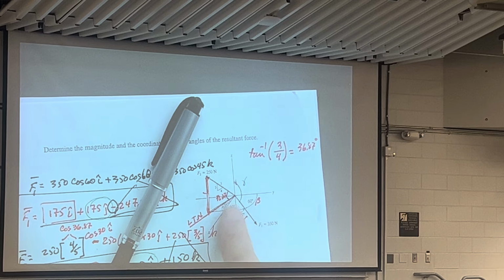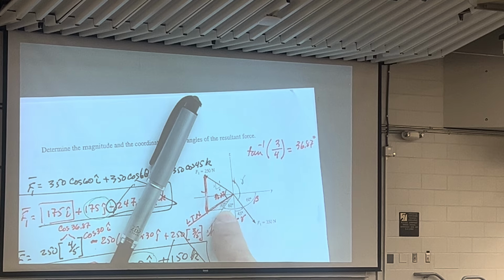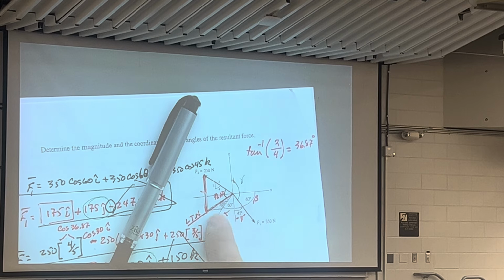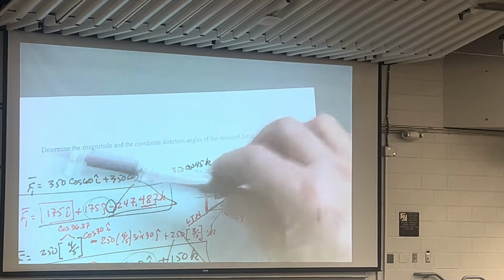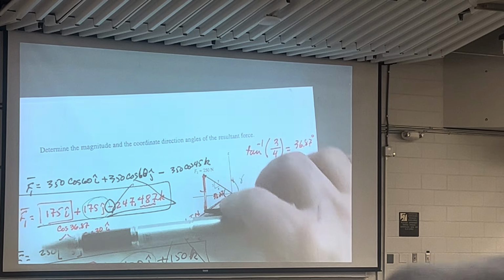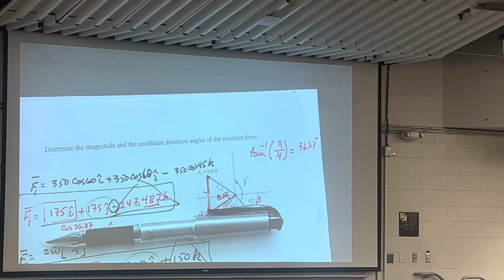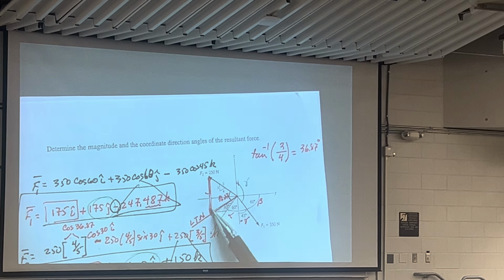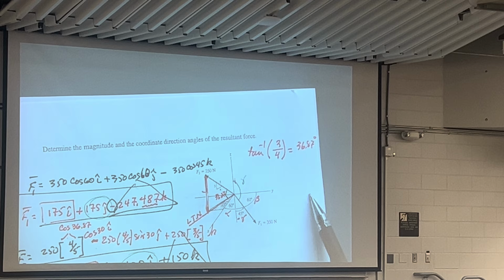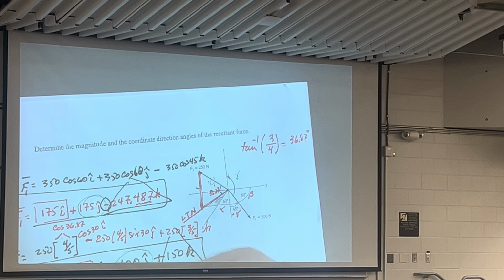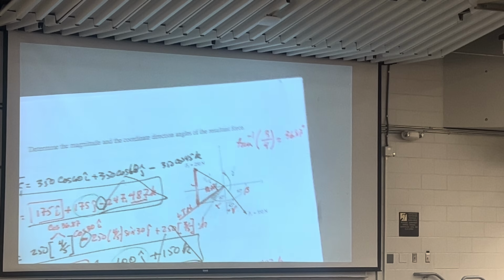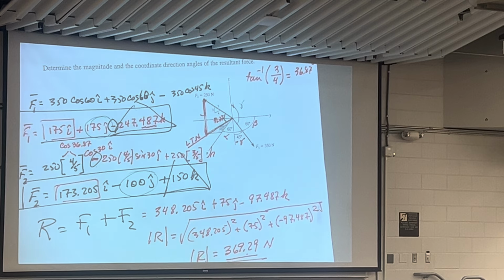And then to get to a line parallel to the y, I'm going to have to say sine of 30, which puts me opposite. So I'm here, and then I swing this 30 degrees. Which way is my pen pointing? In that direction, which is in the negative y direction. So I have to put a negative on it. That's why there's a negative there. What's the second question?